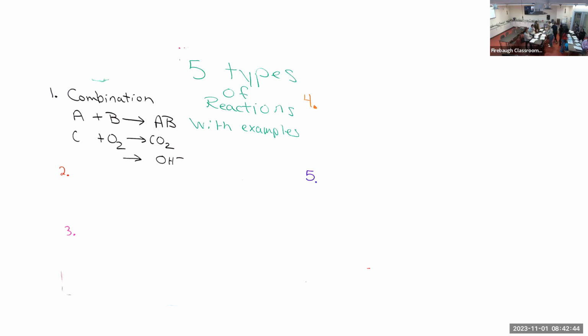Is it O plus H? And actually, let's make it peroxide. So then, hydrogen peroxide. Okay, so two examples of a combination reaction.